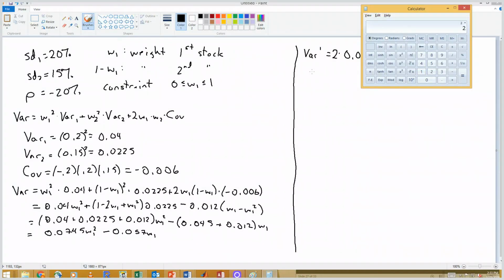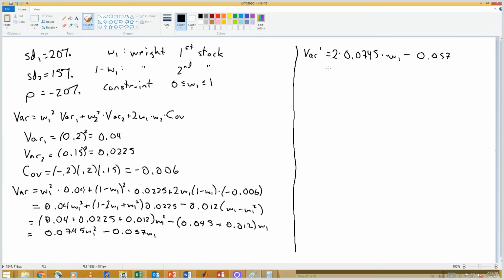2 times 0.0745 is 0.149. So 0.149 W1 minus 0.057 is our derivative. To find the critical numbers, we set the first derivative to 0. So 0 equals 0.149 W1 minus 0.057.